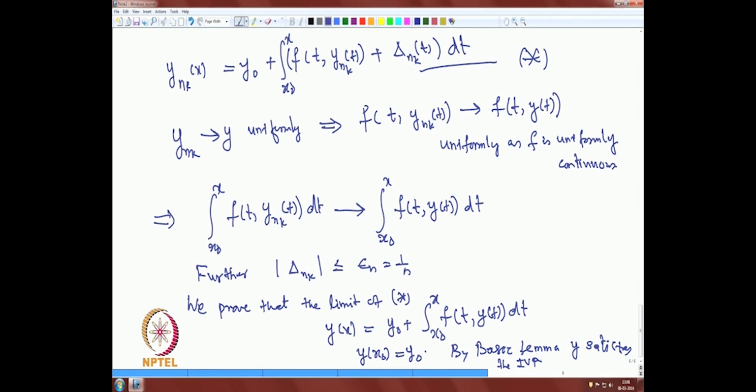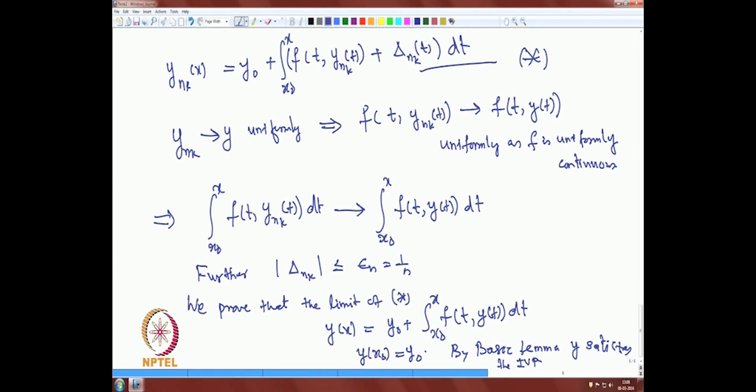So, therefore, the limit of this convergent subsequence ynk is a solution to the initial value problem. So, this proves that a solution exists.